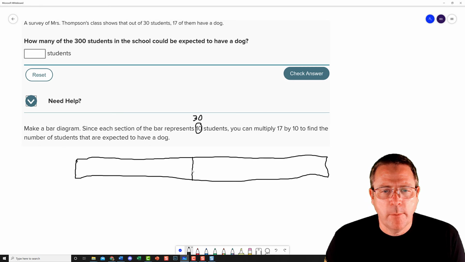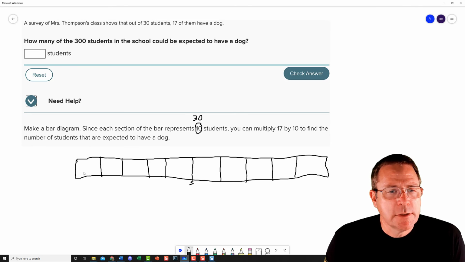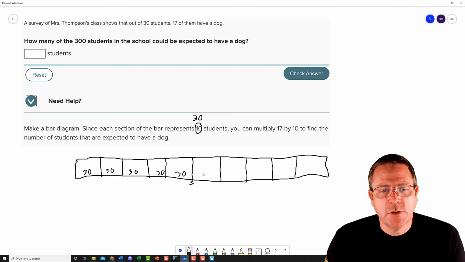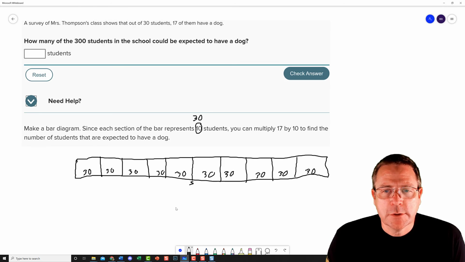So I got my middle section here, which will be half. That's going to be your 5 mark. And then we break it down to where there's 5 sections in each half. And each one of those sections is going to have 30 students in it. So you got 30 students in each one, and when you multiply that number times 10, you're going to end up getting your 300 students.